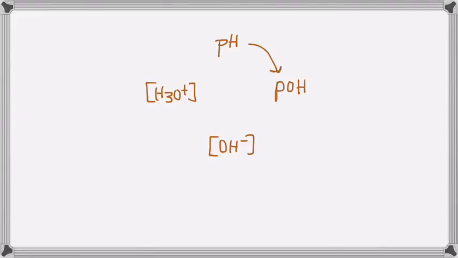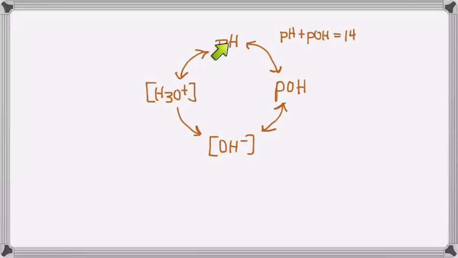You can convert between these, and they basically make a big circle. So, circle of life. So converting between pH and pOH, I just wrote that up there. pH plus pOH equals 14.